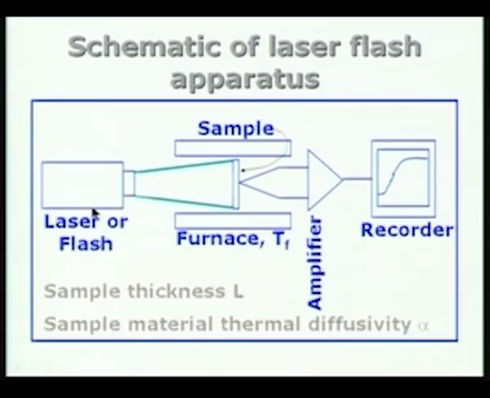In a microsecond or millisecond, the laser flash will illuminate this side, and the energy absorbed by the front surface will slowly diffuse through the material. So the energy is supplied to this side of the sample by a flash or a laser for a very brief period.